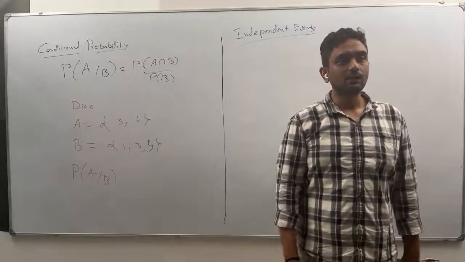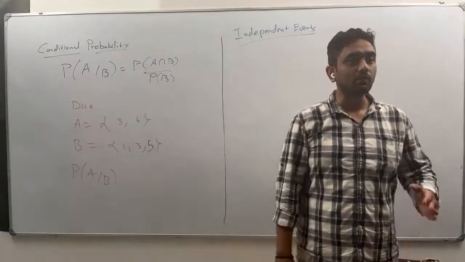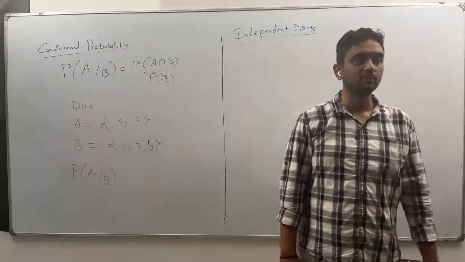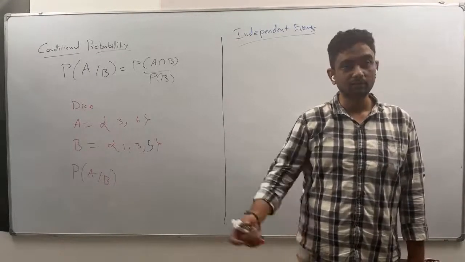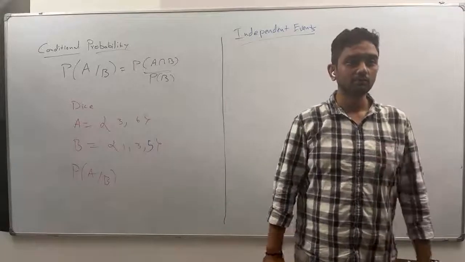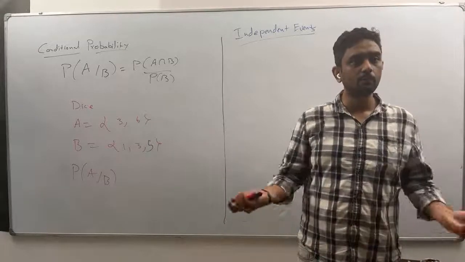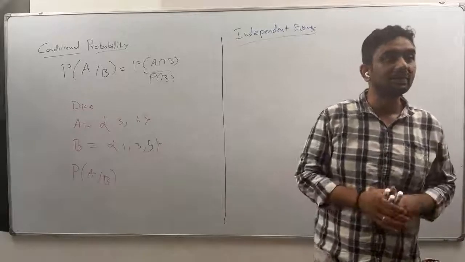We say that two events are independent if the occurrence of one is not affecting the occurrence of the other. That means if someone comes and tells you the outcome, it won't affect your bet, because the probability is not changing; it is still the same.